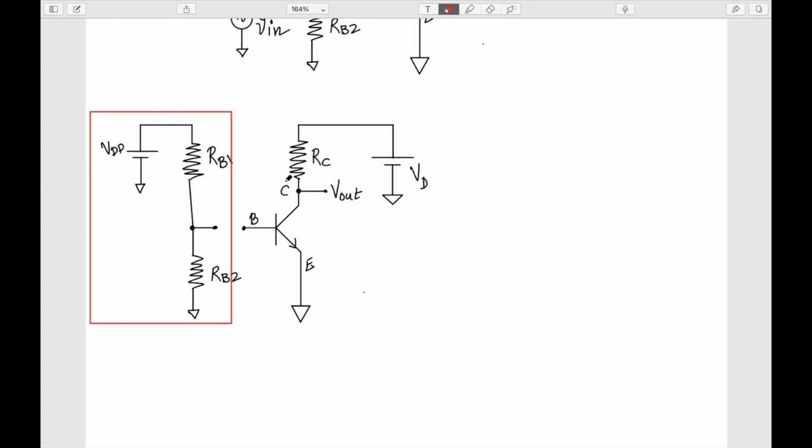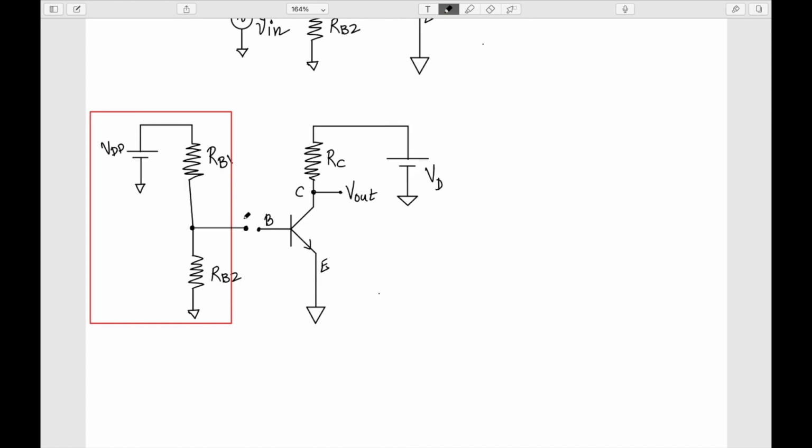If you see here, this is like a load for this whole network, and we can find the Thevenin's equivalent voltage and the resistance at this point.